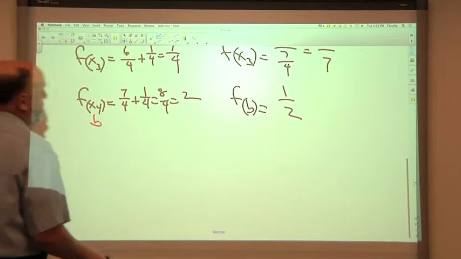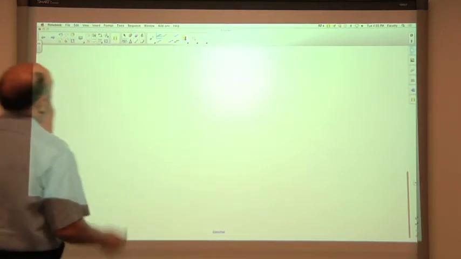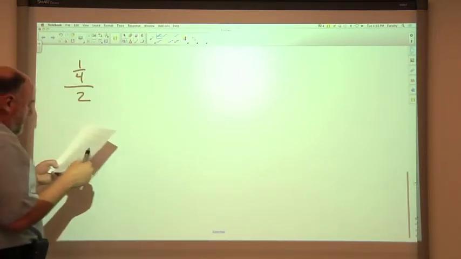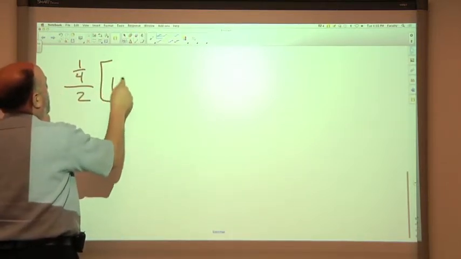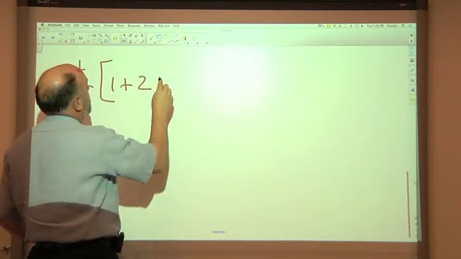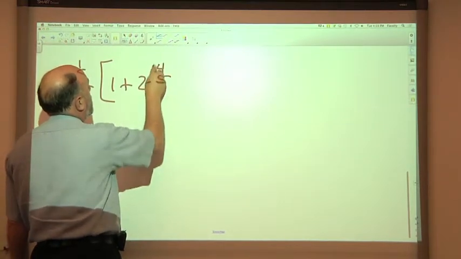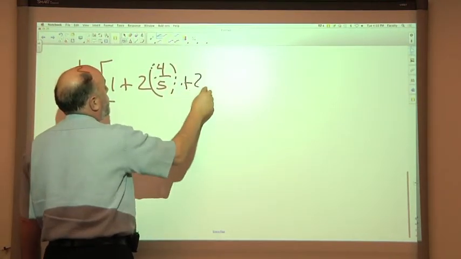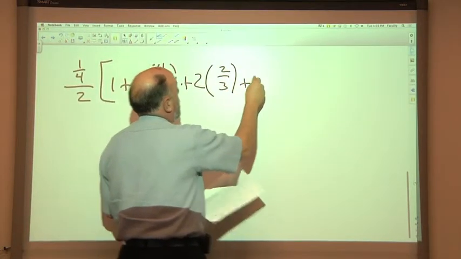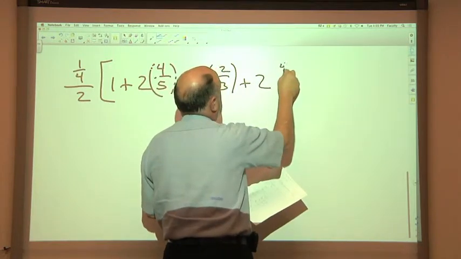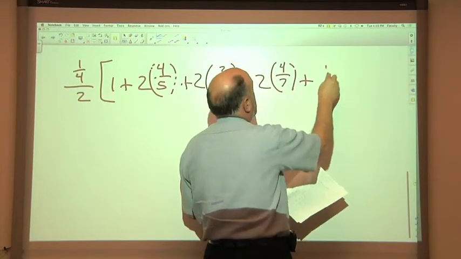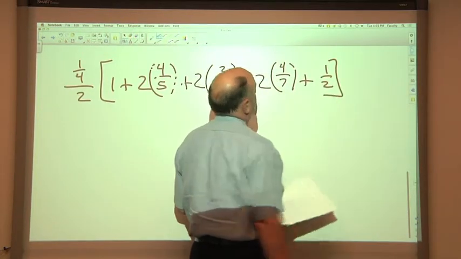And so we've got, in terms of our formula, that this is going to be 1/4 divided by 2, times the first term, plus 2 times the middle terms, and then just the last term.